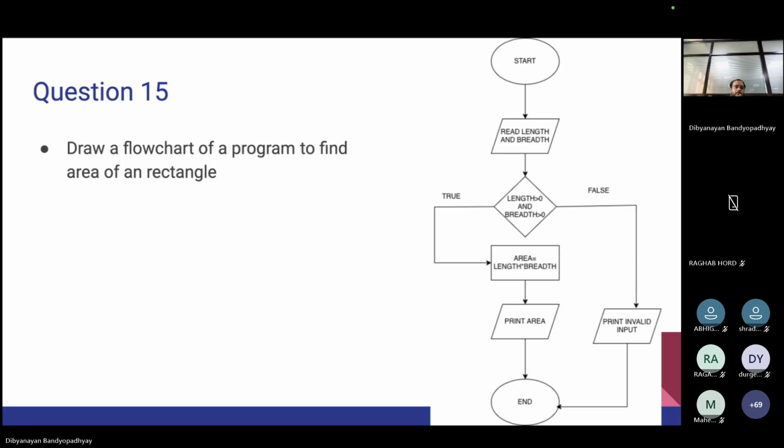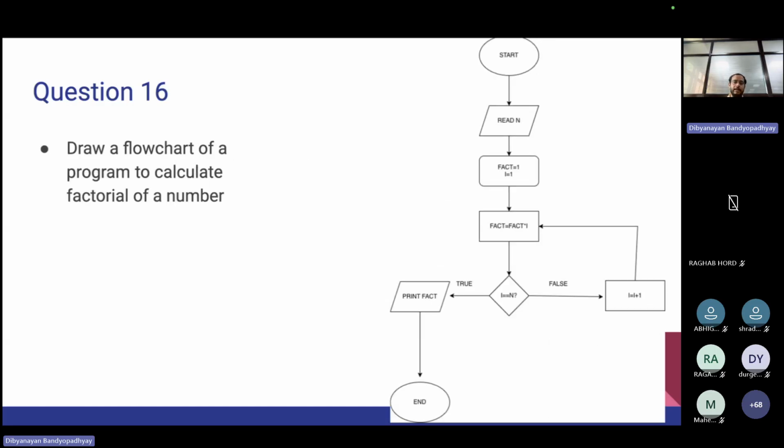Or you subtract that variable y, which is assigned the value of x: y equal to x, then y equal to y minus 1, and you check whether y is reaching 1 or not. Whenever it reaches 1, just stop the multiplication. So this is the simple idea.